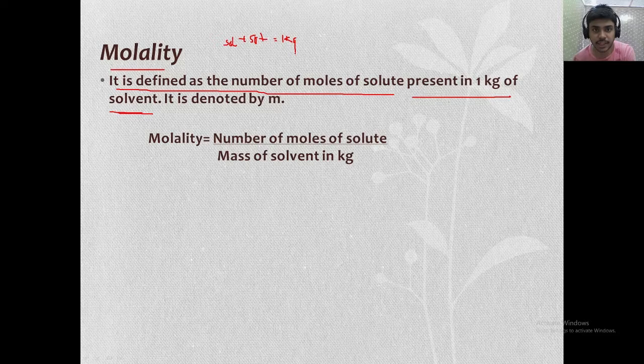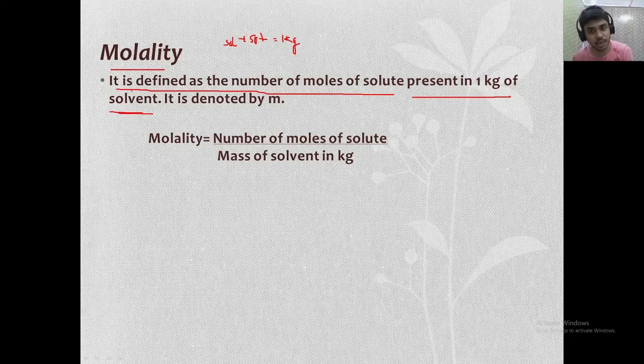You have to take the solvent particularly 1 kg, means you are taking 1 kg of water and you are, suppose, adding 4 gram of NaOH. That will be denoted as molality, not 996 gram of water and 4 gram of NaOH, where the total makes 1 liter. The solvent should be 1 kg.